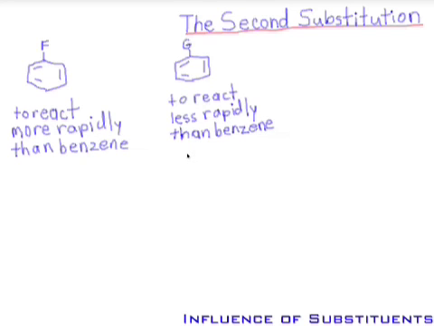Now, the groups that cause molecules to react more rapidly than benzene are called activating groups.